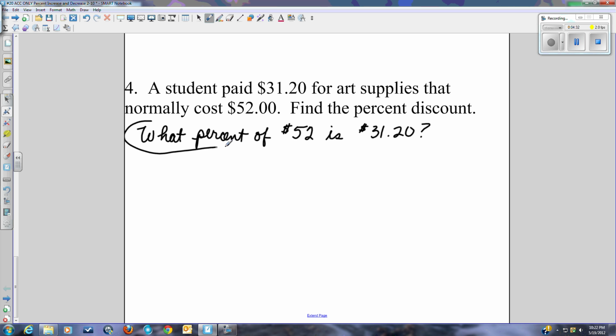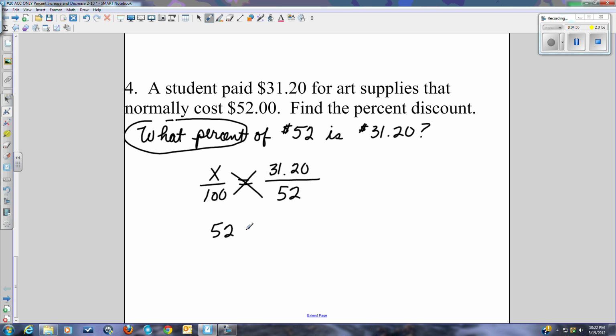And whenever you see what percent, you write that as x over 100. Whatever follows the word of goes in the denominator, so that's 52. And your last number will go in the empty spot, which is $31.20 in the numerator. And we'll cross multiply.